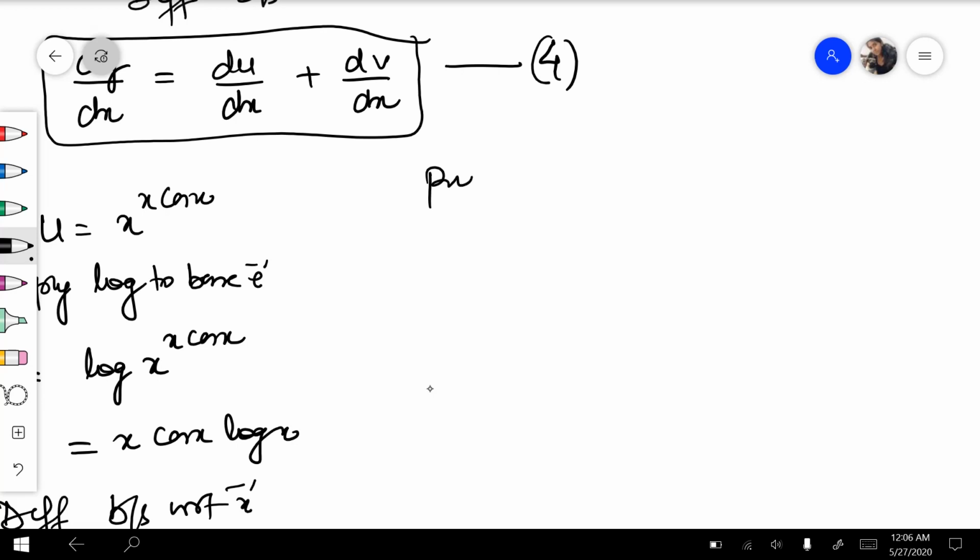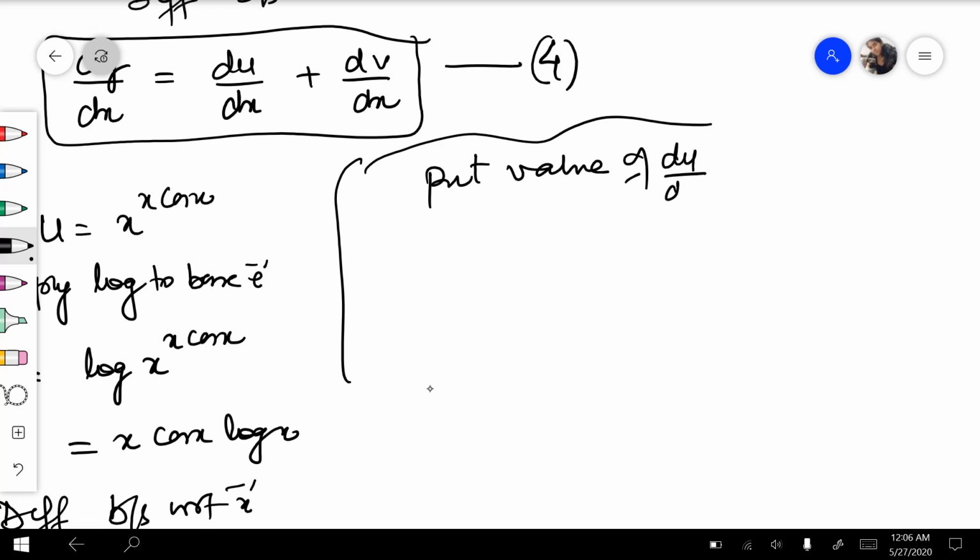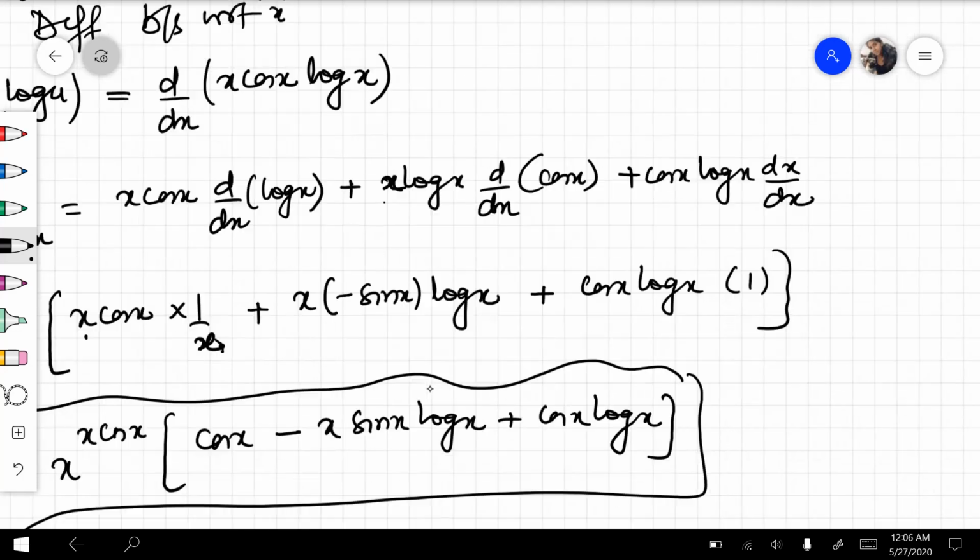Put value of du upon dx जो हमने फाइंड किया था and dv upon dx in 4. So that gives you dy upon dx is equal to, what was du upon dx?